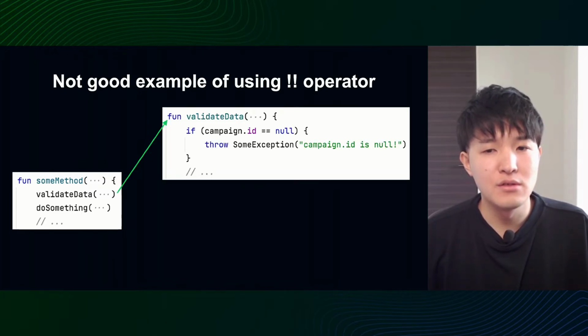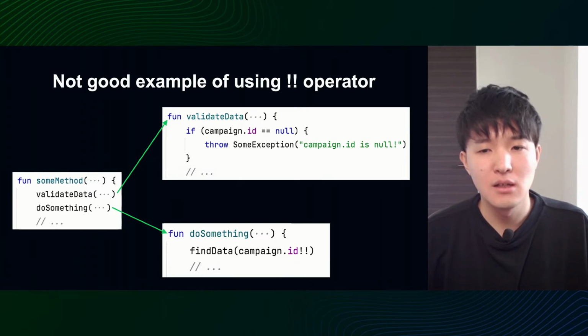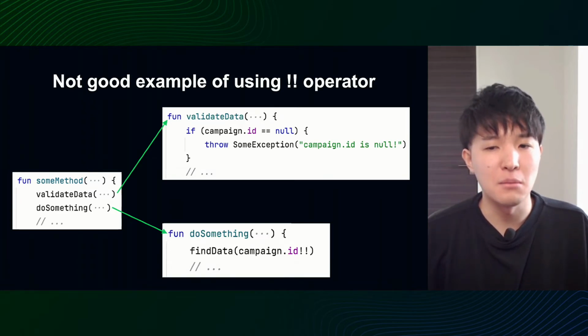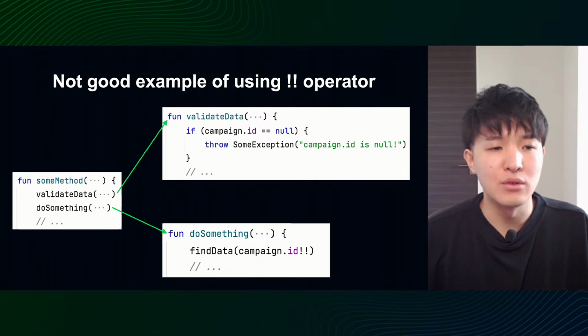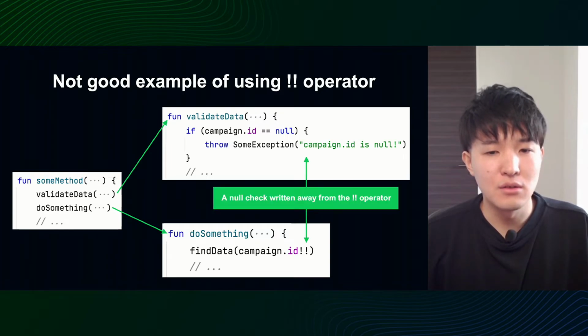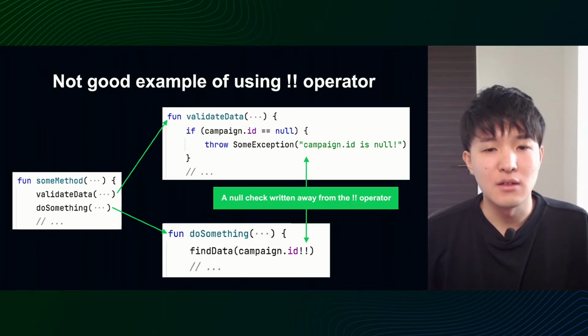Within validate data, campaign ID is checked for null. And within do something, for campaign ID, the not null assertion operator is used. In validate data, the null check is done. So campaign ID is assumed not to be null, and under that assumption, do something was implemented. So, a null check is written away from the assertion operator.